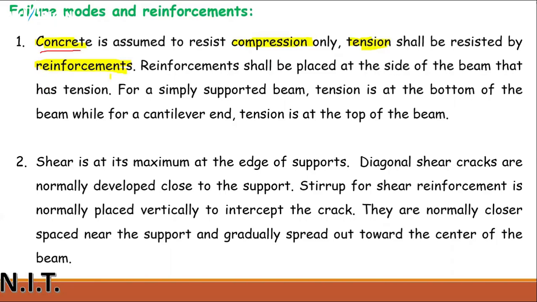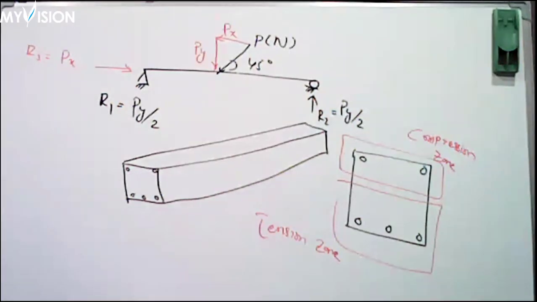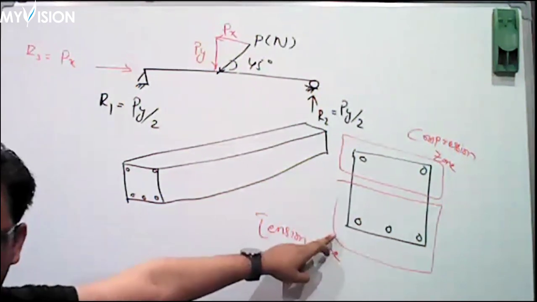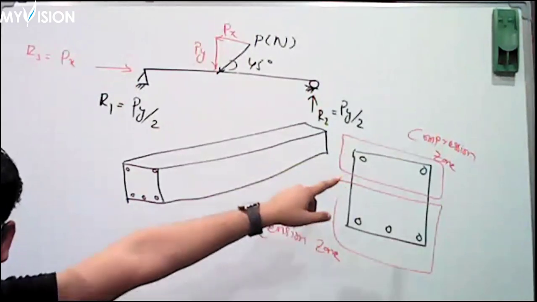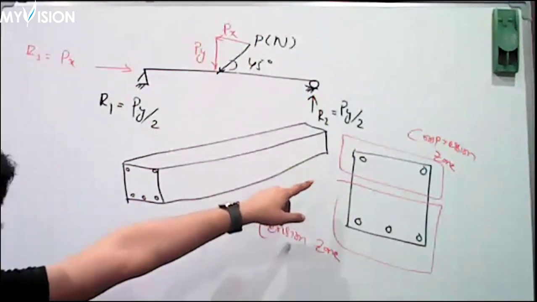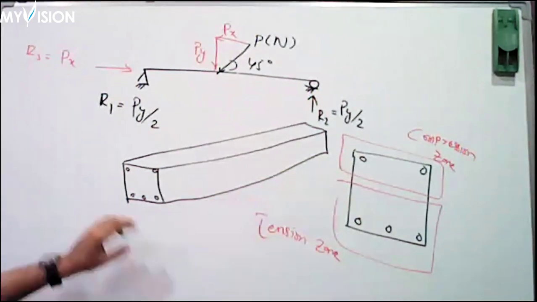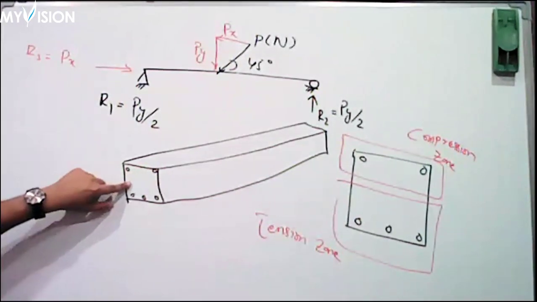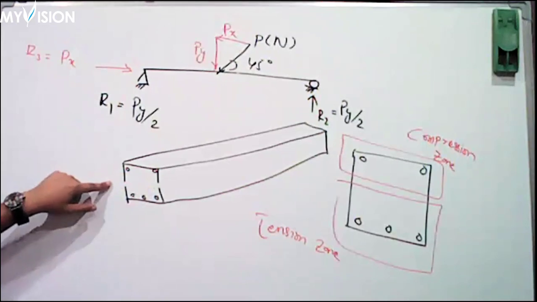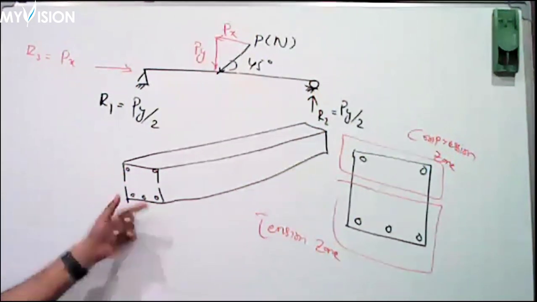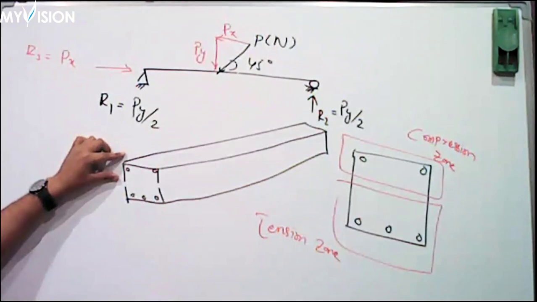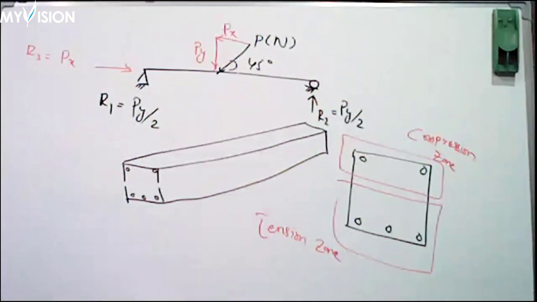As I have shown you on the board, for example, you can see the bottom part will be the tension zone, and this upper part of the beam will be considered as compression zone. If I cut this beam from the center, this bottom part will be considered as tension zone, and this upper part will be considered as compression zone.